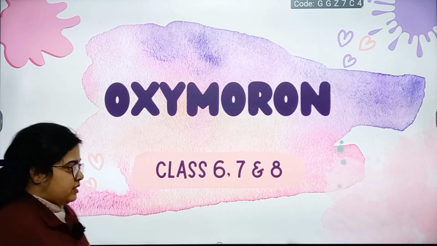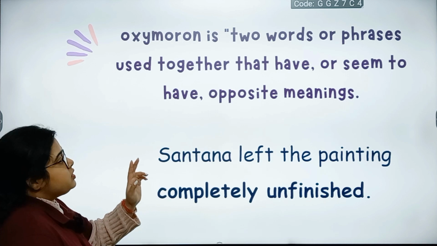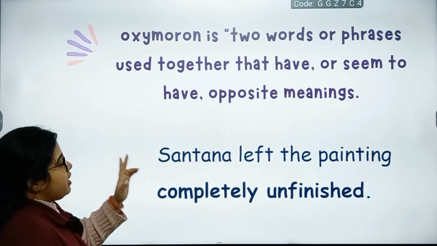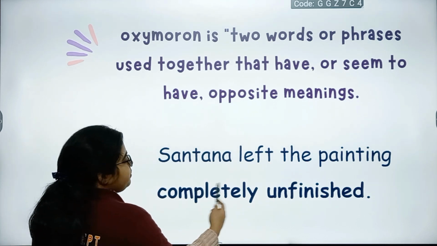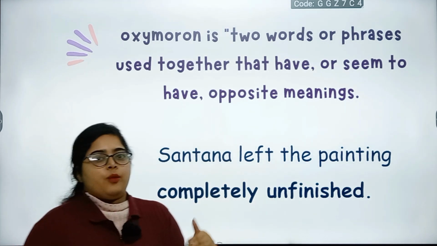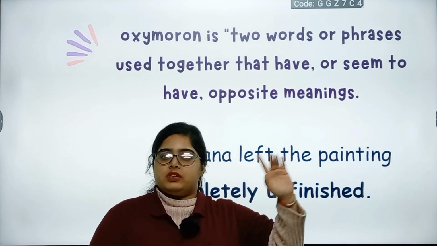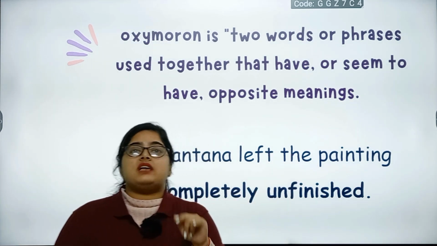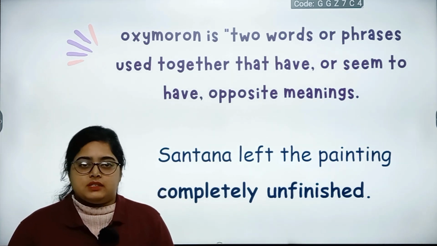For example, you can see here, an oxymoron is two words or phrases used together that have or seem to have opposite meaning. For example, completely unfinished. Now, what does complete mean? A work that is done from start to end. But what is unfinished? Which is not finished or not complete, right?